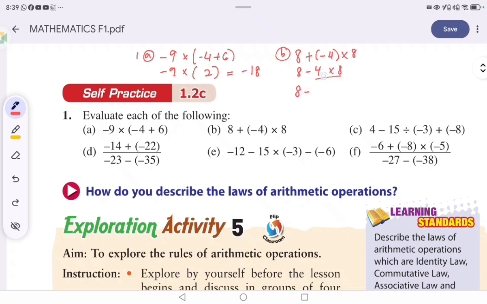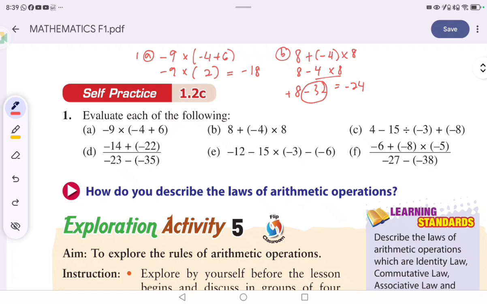So 8 minus 4 times 8. 4 times 8 you will get 32. So positive minus, what you need to do? 32 minus 8, you will get 24. But the bigger number has a negative integer, so you put negative over here. So that is the answer for B.